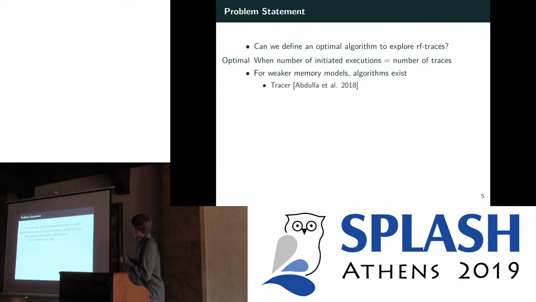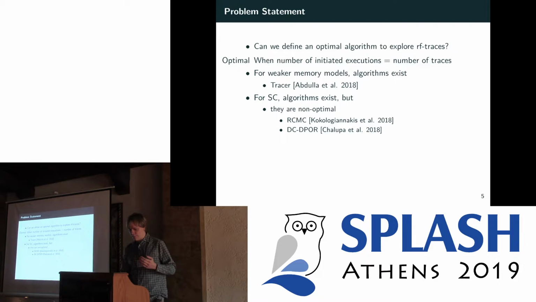We have algorithms that do this for RF traces for weaker memory models, such as release-acquire, which is implemented in a tool called Tracer by Abdullah et al. We also have some algorithms for SC, for example, RCMC and DCDPOR, which is actually the paper that defined this equivalence, although they called it observational equivalence.